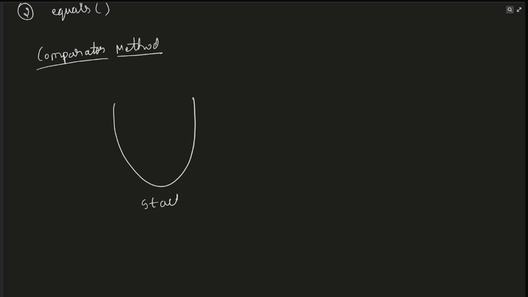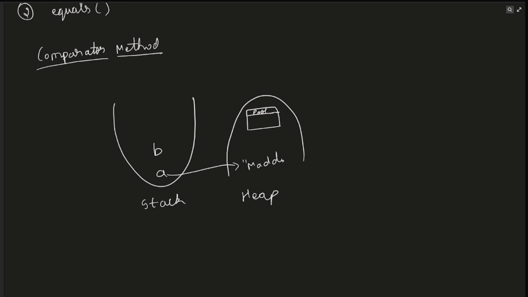Let me just take stack and heap and have two variables in the stack. A will be having an object value Maddie, and B will also be having the same object value Maddie.